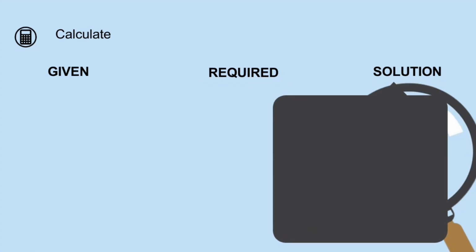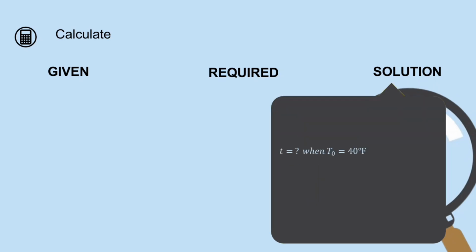Using the same formula, we will now substitute the given values. So our value of k is equal to the natural logarithm of 9/10 all over -2. So now that we have the value of k, let us now determine the time when the temperature is equal to 40 degrees Fahrenheit.